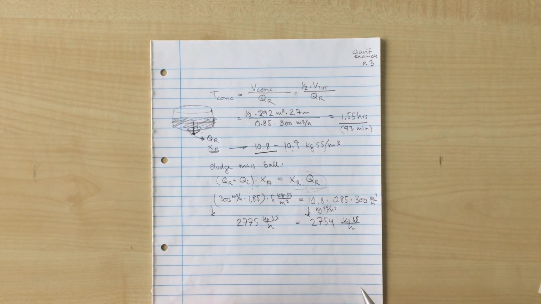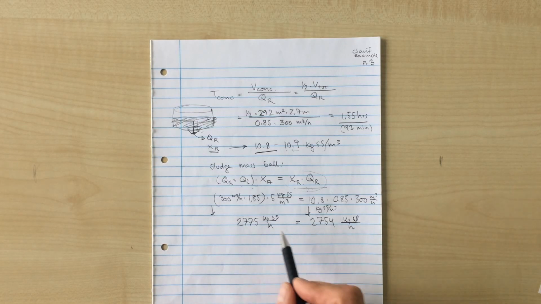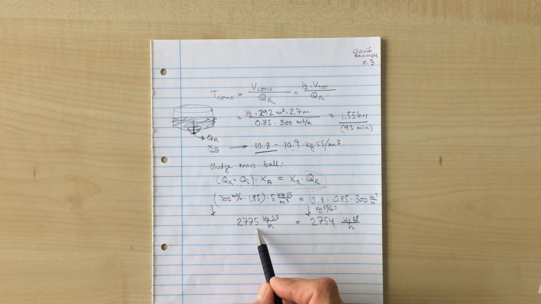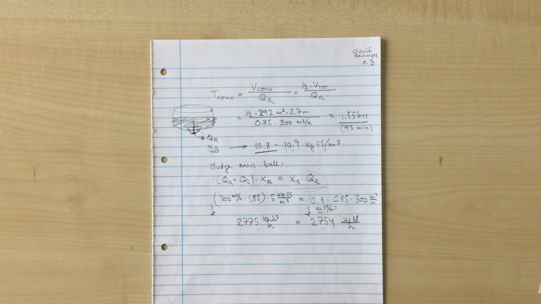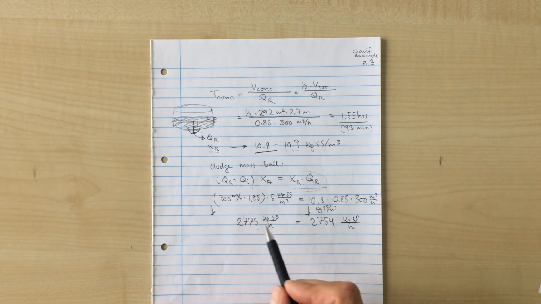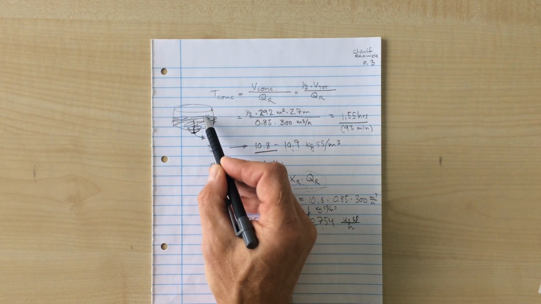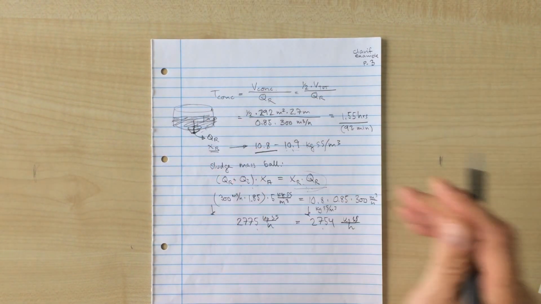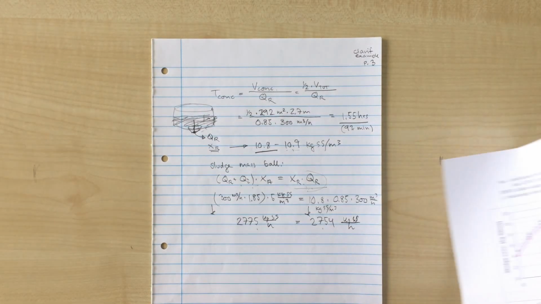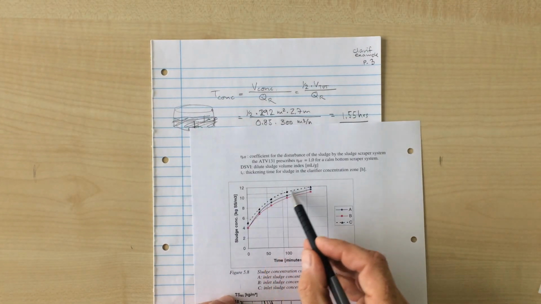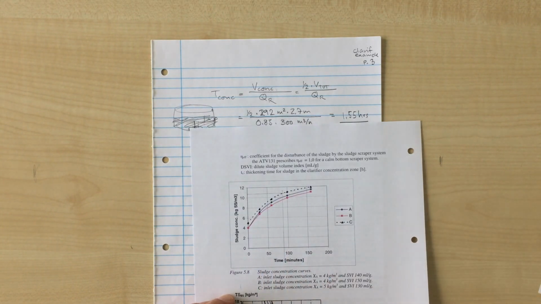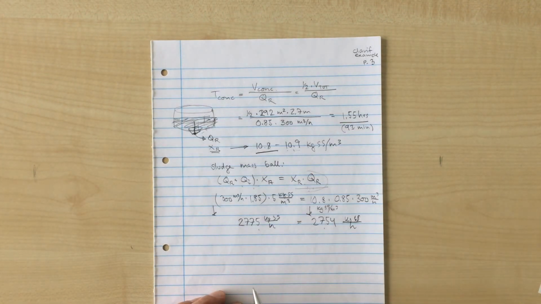If this was a design that was concluded here, I would see that I would actually have more sludge going in than going out. And that is not a balance. So what would happen in reality is that I would be adding to the volume of sludge here in order to achieve a longer concentration time, and hence a higher sludge concentration that could fulfill my balance requirement.